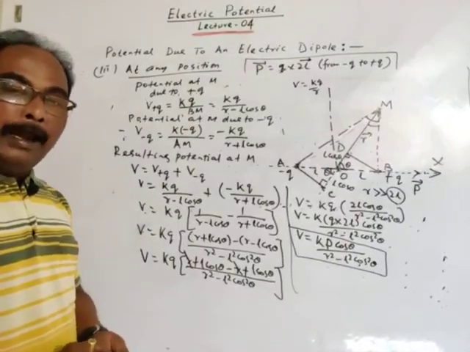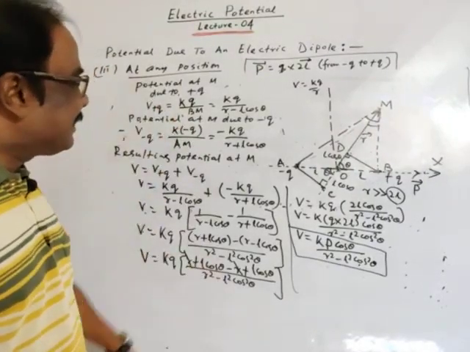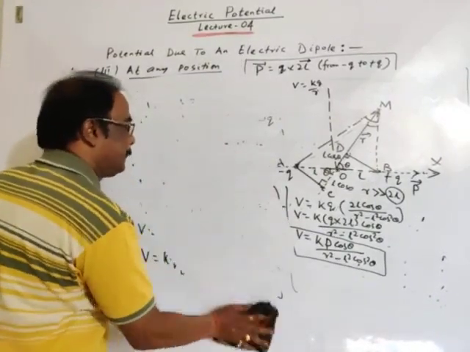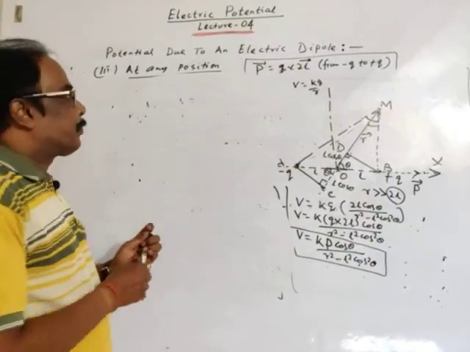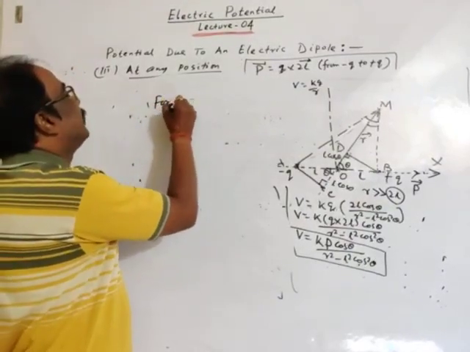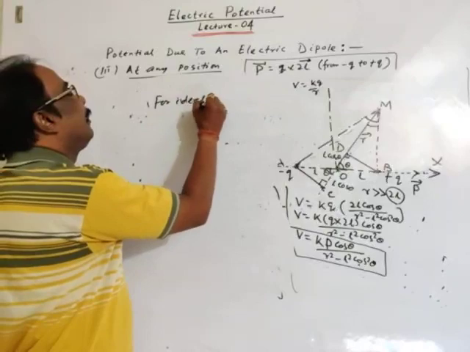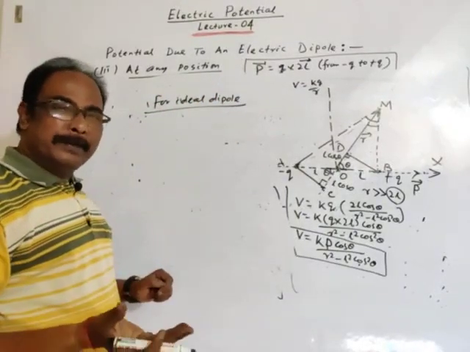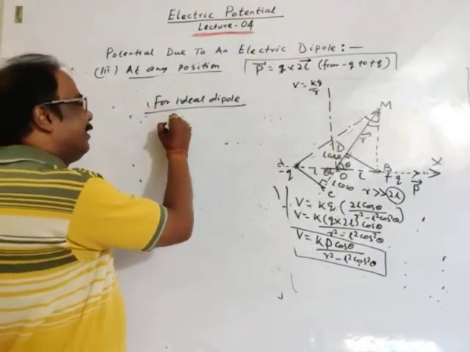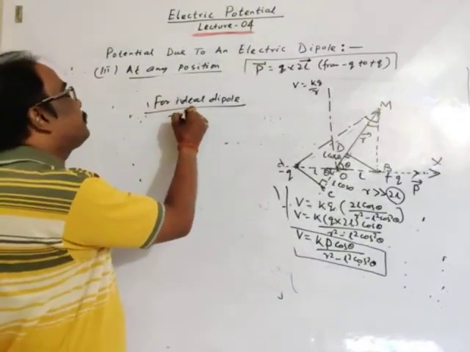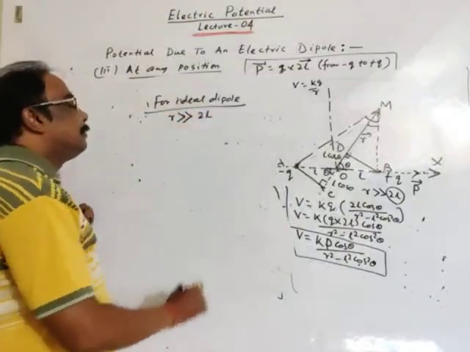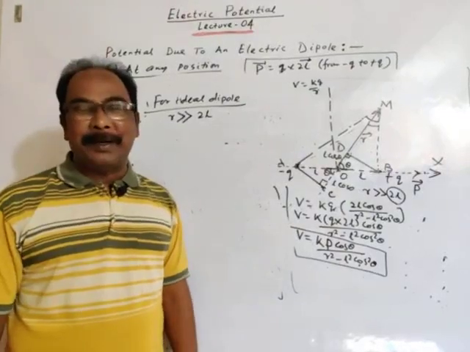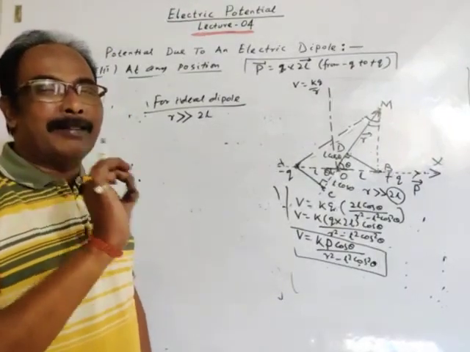If we consider an ideal dipole, as we have discussed previously many times, the magnitude of the position vector is much greater as compared to the distance between the two equal and opposite charges of the dipole. r is greater than 2l.